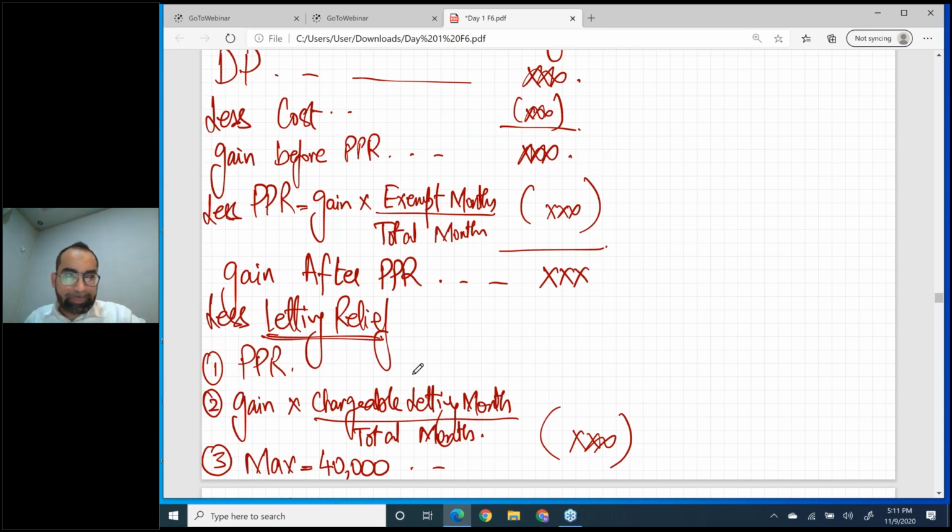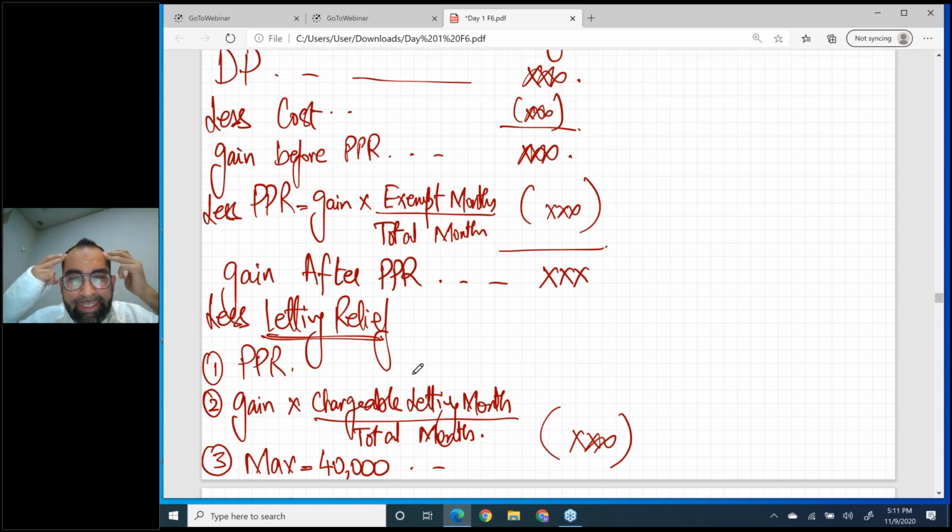Now, wait. In my class, I often say that whenever you come to gain after PPR, just apply the brakes and think: do we have to apply letting relief or not? What is the identification?